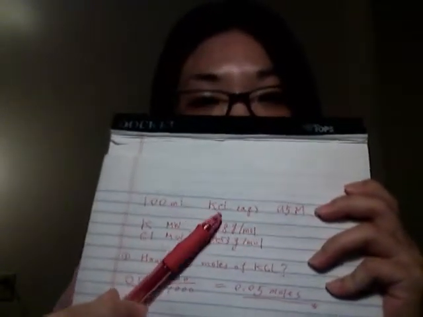So here is an example that can help you to know how to calculate. For example, we want to prepare a 100 milliliter 0.5 molar potassium chloride aqueous solution. How much potassium chloride do we have to add into water? So here is the potassium molar mass, which is 39, and the chlorine molar mass, which is 35.